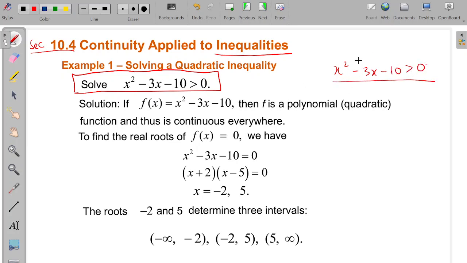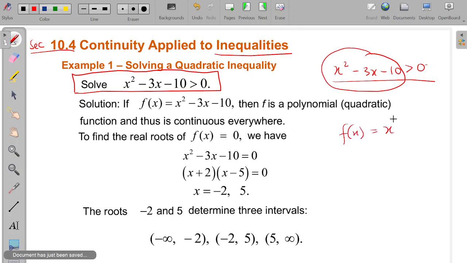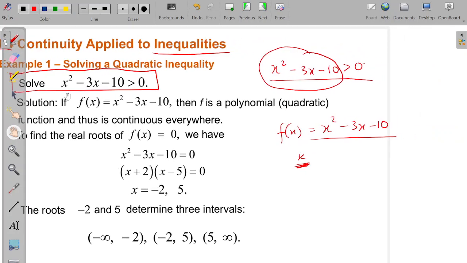The first thing is to solve for this. The function we are considering is f of x equals x squared minus 3x minus 10. We want to first solve for this and get the value of our x.